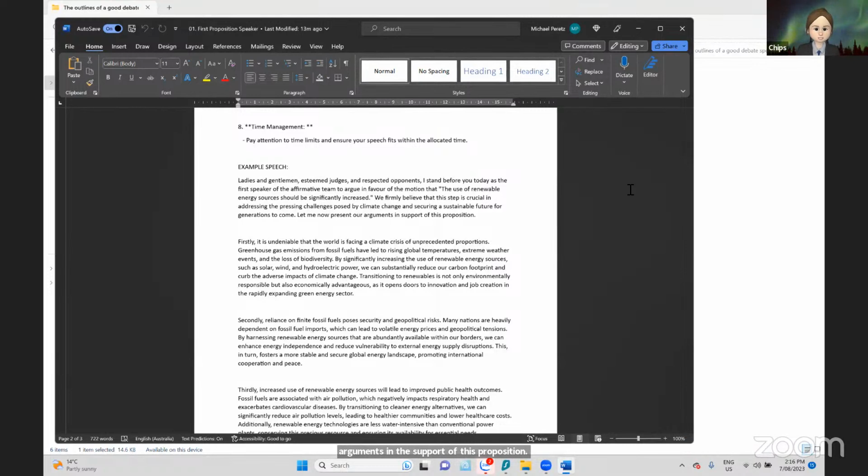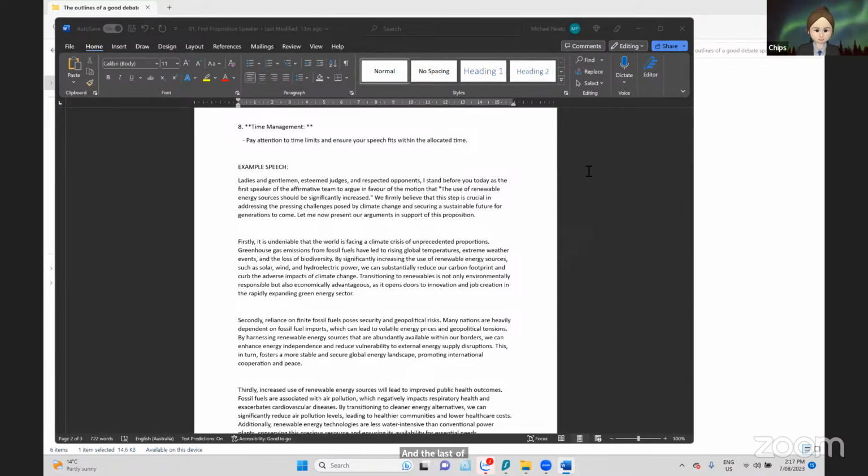Firstly, it is undeniable that the world is facing a climate crisis of unprecedented proportions. Greenhouse gas emissions from fossil fuels have led to rising global temperatures, extreme weather events, and the loss of biodiversity.